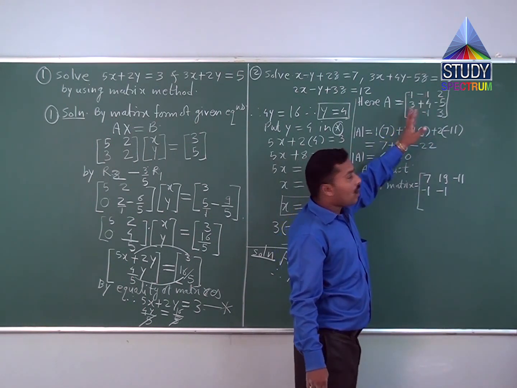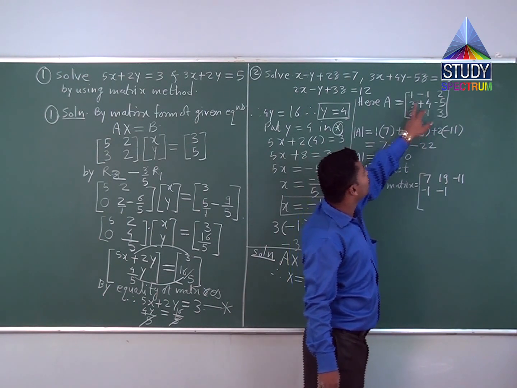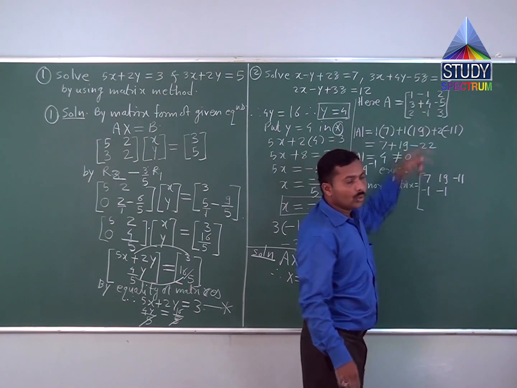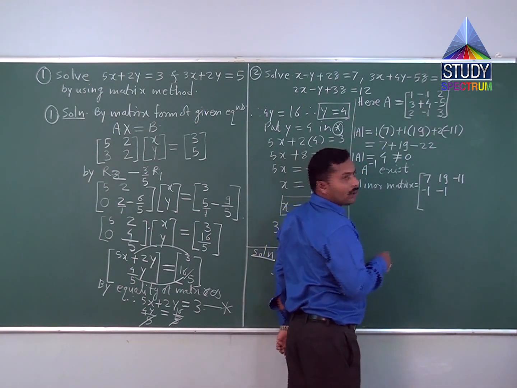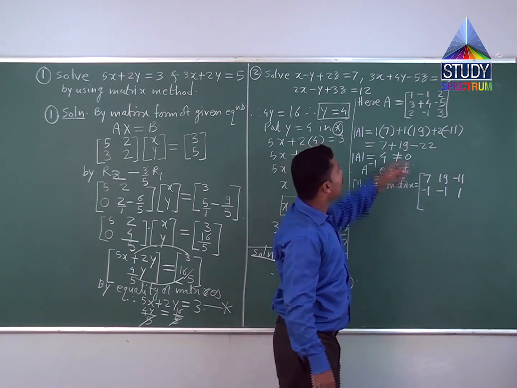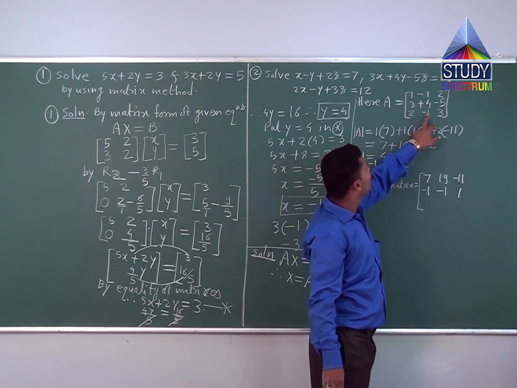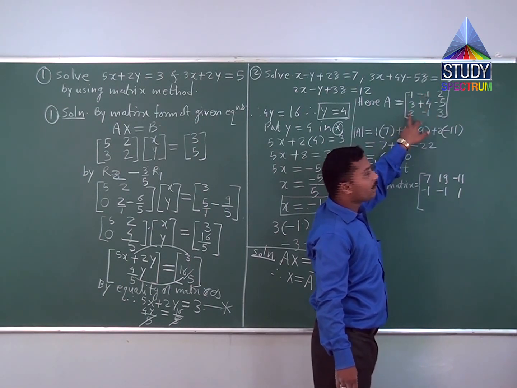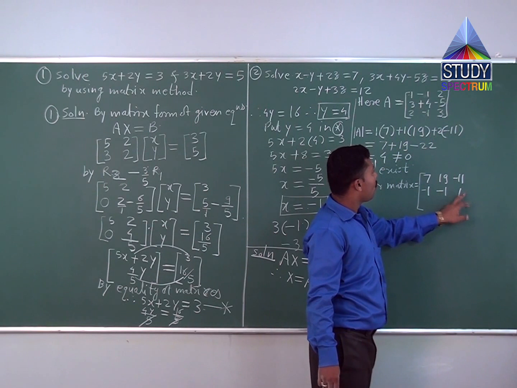But the sign for this position is minus, so minus 1 plus 2 gives 1.